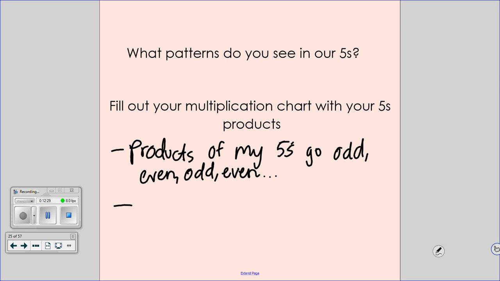Going down, counting by 10s. Oh, in the hundreds chart? Yep, but that's a pattern of our hundreds chart, not a pattern of 5s. Naviana? I noticed that 5s go down.